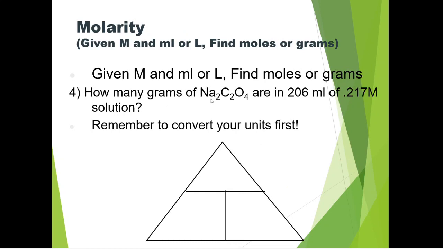How many grams of sodium chromate are in 206 milliliters of 0.217 molarity solution? Remember to convert your units first. Molarity is in liters, and they're giving it to you in milliliters, so you must convert milliliters to liters first. You can fill in here 0.217 molarity.